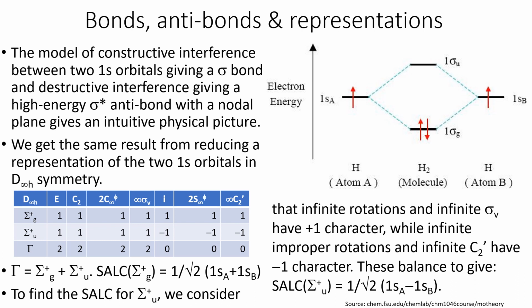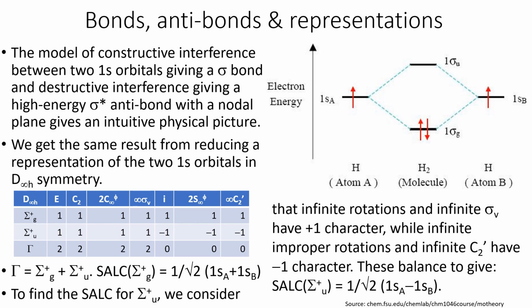But at the same token, you've got an infinite number of improper rotations, that's these S operations, and you've got an infinite number of C2 prime axes, which take one orbital onto the other orbital's position. So again, you've got two lots of infinity, which in the case of the sigma plus u irrep, our antibonding irrep, have a -1 character for all those operations.